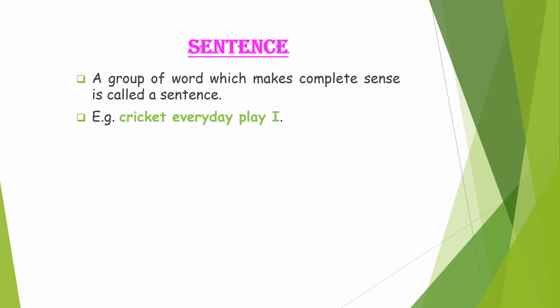Here I have put an example. Cricket every day play I. You can see children, it is not arranged in a proper way, and the second thing, when you read it, you cannot find a meaningful thought or idea.